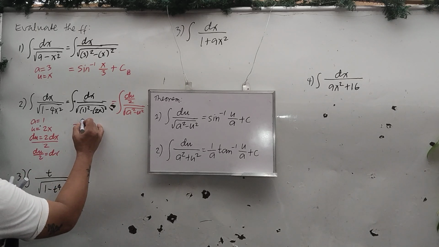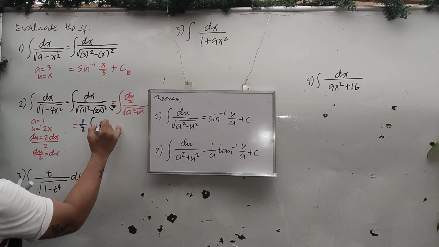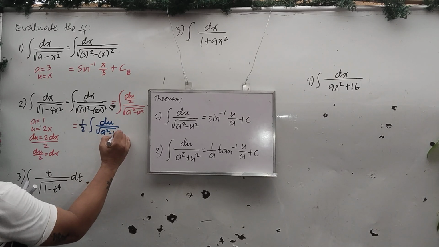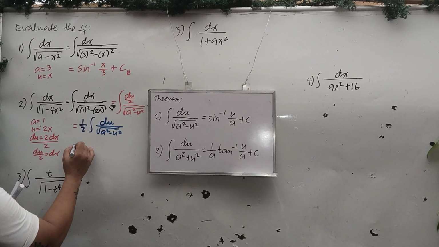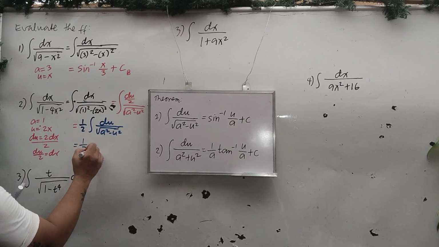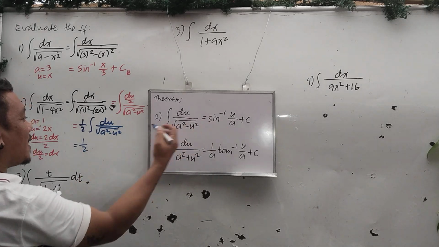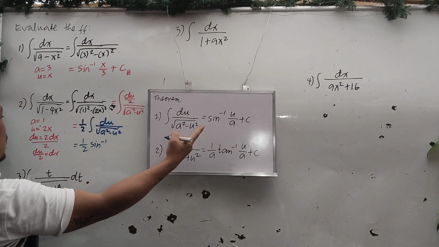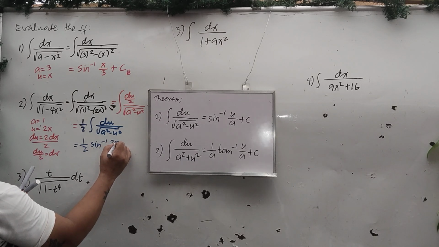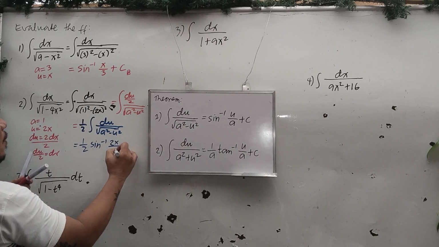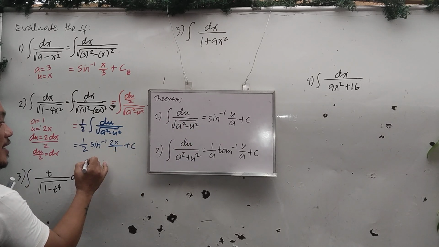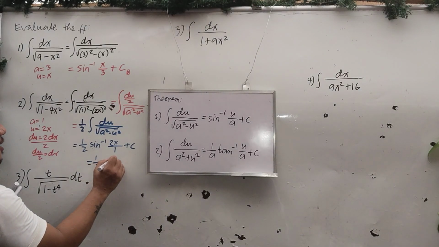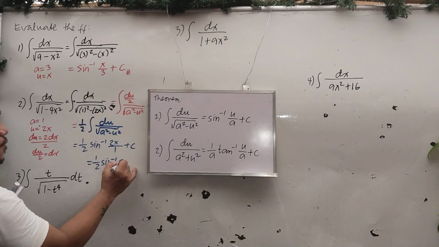So you have 1/2 the integral of du over the square root of a squared minus u squared. Then the formula applies: you have sine inverse. What is our u? 2x. What is our a? 1. Then plus c. Finalize your answer: 1/2 sine inverse of 2x divided by 1, so 2x.